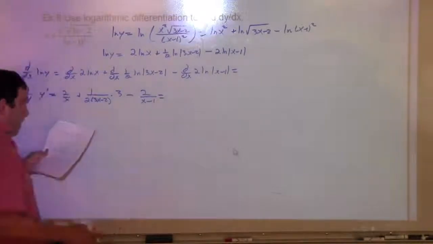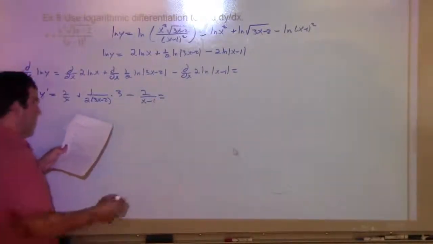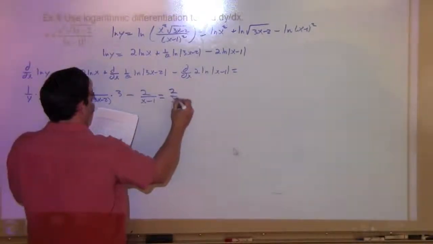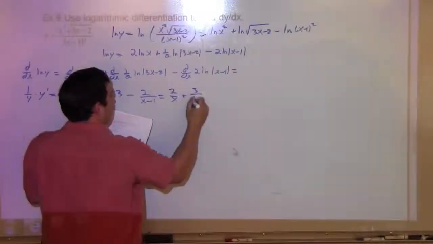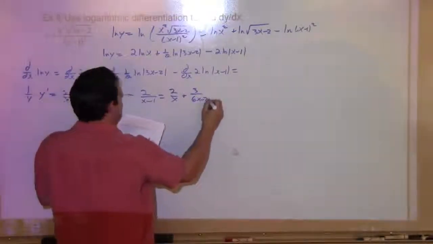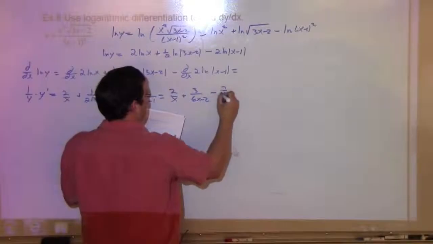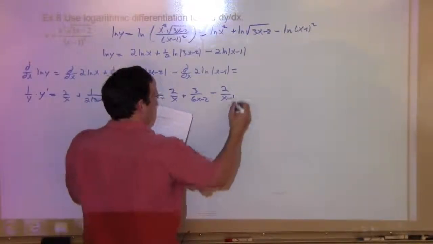That gives us 2 over x plus 3 over 6x minus 2 minus 2 over x minus 1.